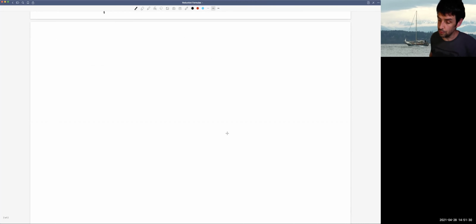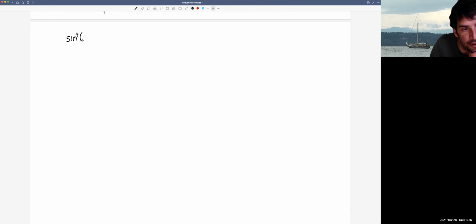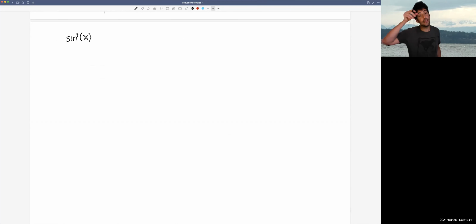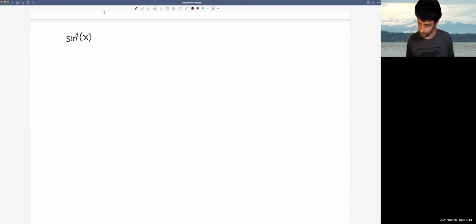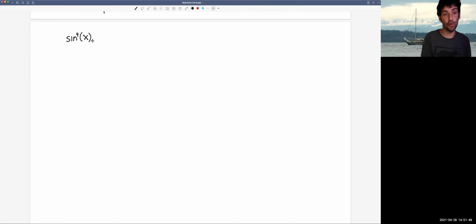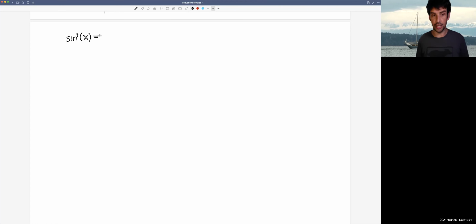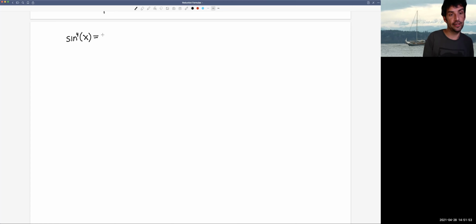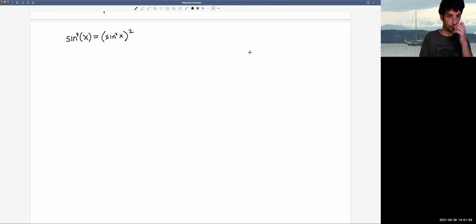So let's do one more quick example. Let's see how we could use this. Suppose we had something like sine to the 4th of x, and we wanted to write it without any powers of sine, so nothing higher than a power of 1, I should say. Well, we can start by rewriting this as sine squared x, squared, right?